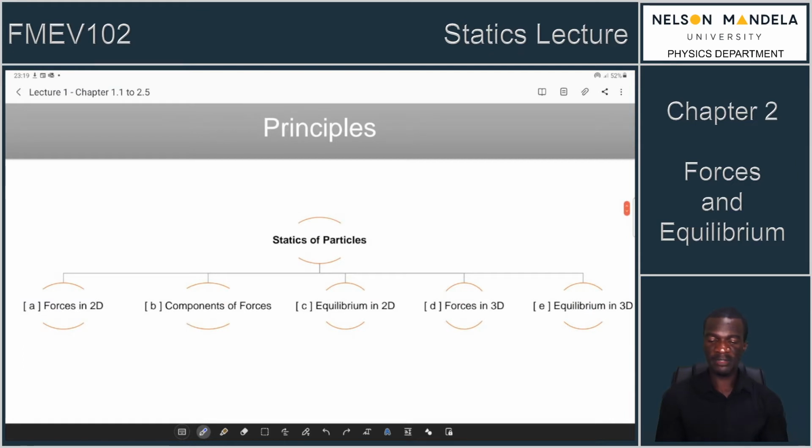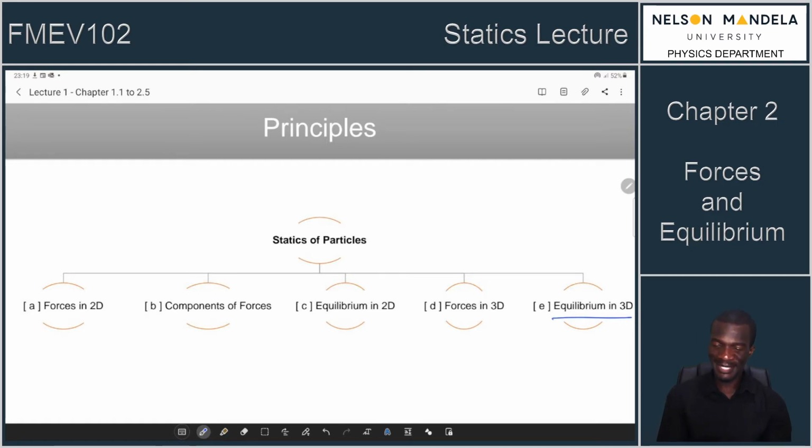The principles that we will cover are in chapter 2. Forces in 2 dimensions, components of forces, how we solve problems to find components of forces, equilibrium conditions in 2 dimensions. Remember, statics is all about objects in equilibrium. Then we will look at forces in 3 dimensions, and after that, equilibrium in 3 dimensions.